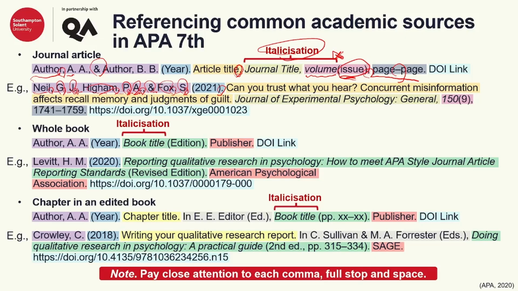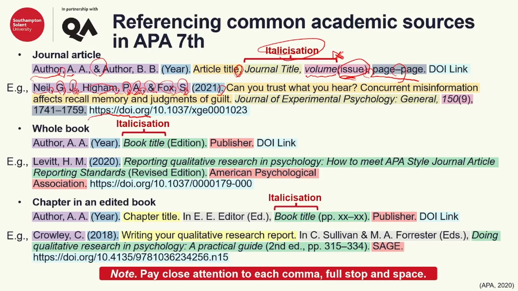Present the DOI as a hyperlink. Begin with http://doi.org. Do not place a full stop after the DOI because the full stop could be mistaken for part of the link. The second example is a whole book.